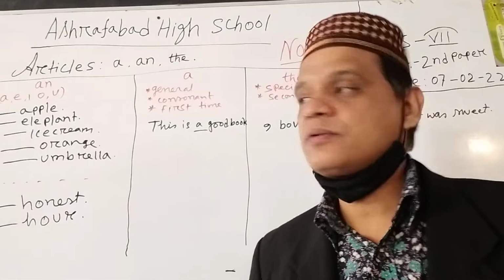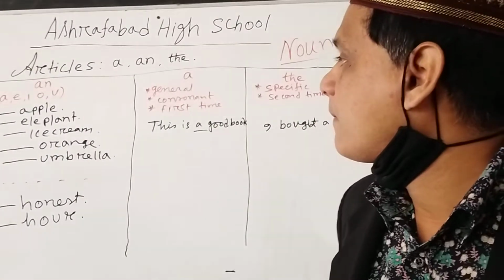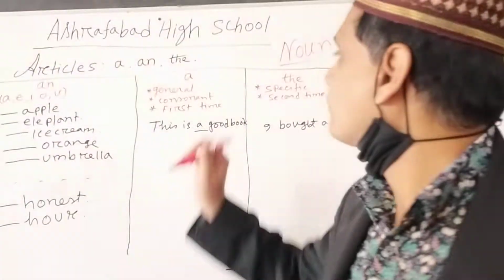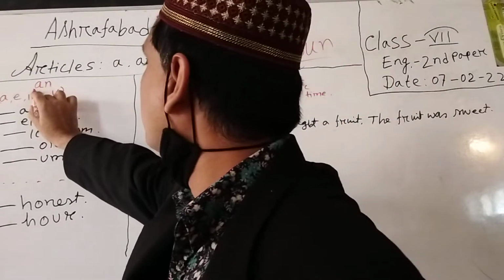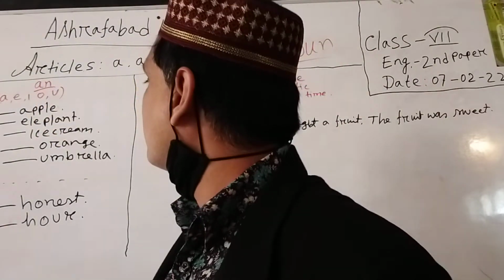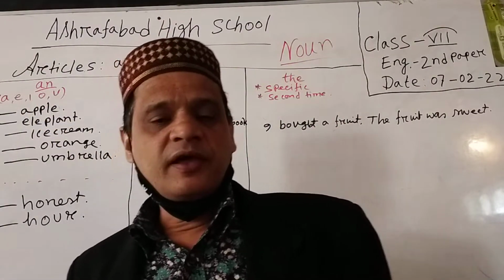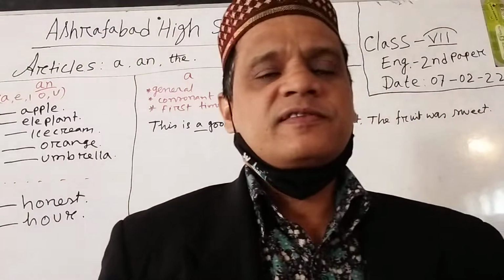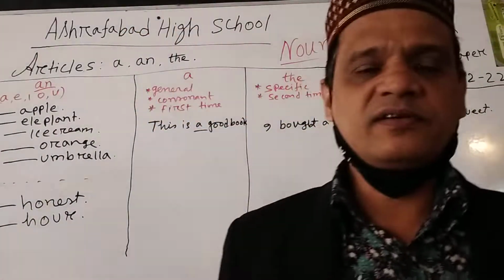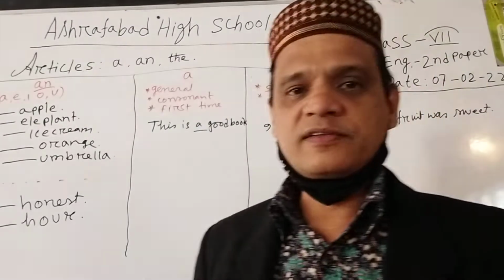So in the alphabet, the first article is An. And we have vowels. Vowels are five in number in the alphabet. What are they?